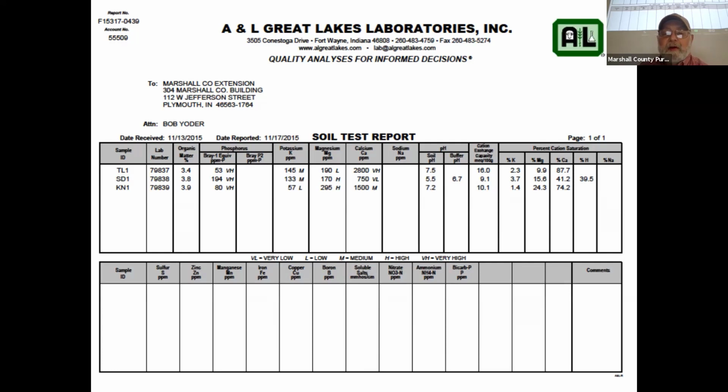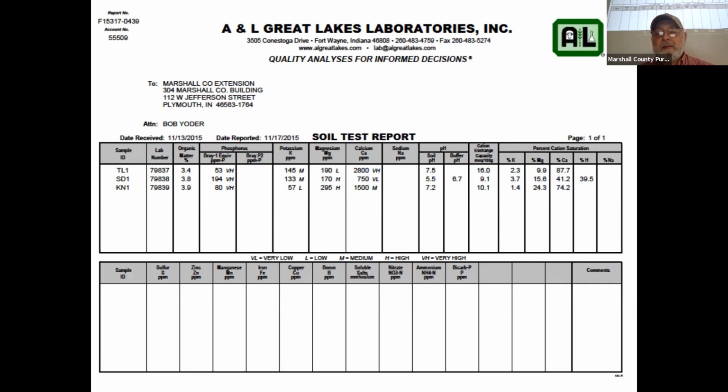And why would that be very high when it's very low at 750 and then medium at 1500? So we have a pH of 5.5 with the soil that's low in calcium. So this is actually one that we could add ag lime to raise the soil pH and supplement with calcium.